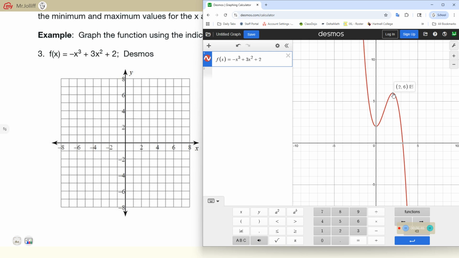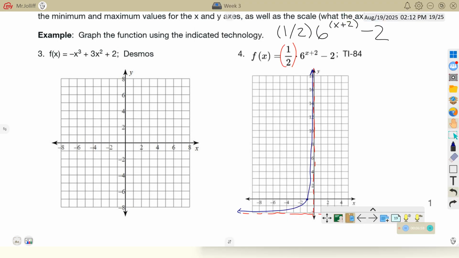I'm going to start to draw, and I think it's going to kick me out of this window, so I'm going to need your help with some of those other points. Yeah? So those of you with Desmos open are going to help me. But I'm going to make my 2, 6 point first. So 2, 6. Good. And it's kind of making an S shape. Where's the bottom of that U in the middle?